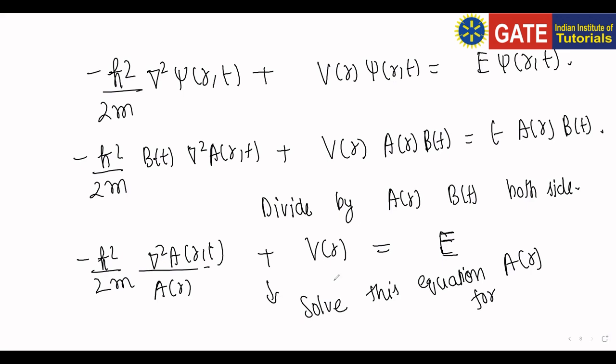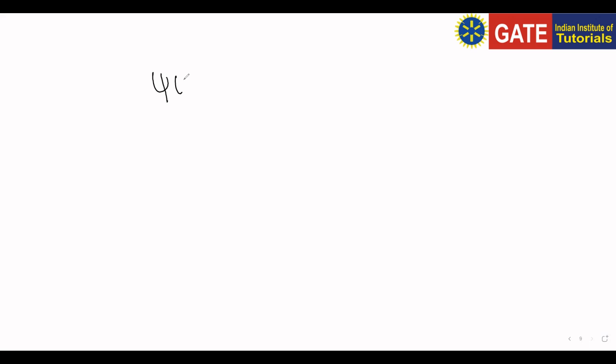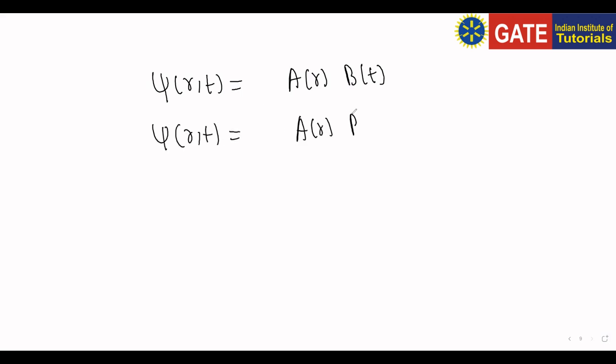So in general, my solution is like this. Psi of r comma t will look like A of r and B of t, right? A of r I can't solve unless I have the potential, but B of t I have decided. This is B naught e to the power minus i E t over h cross. Okay, I'm writing my A of r equals some phi of r. Okay, just a change of variables, nothing else.